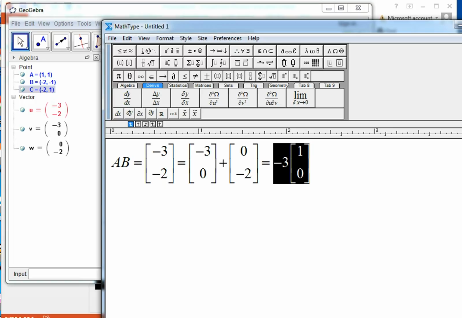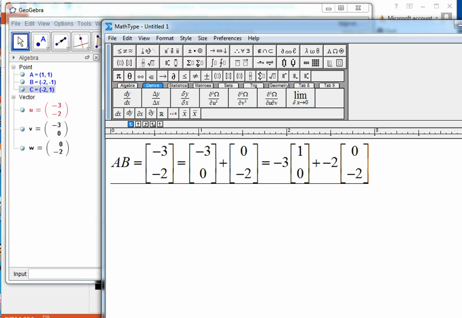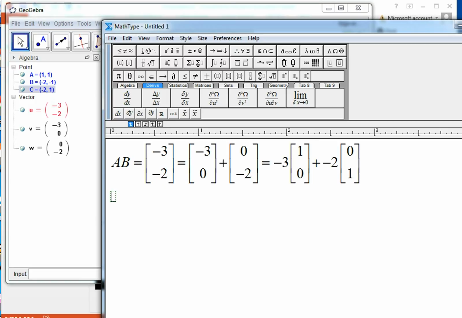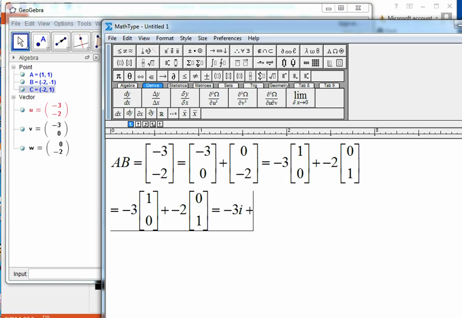So again, this (-3, 0) is actually the same as -3 times (1, 0). Then plus, you have the -2 multiplied by (0, 1), so (0, -2) is similar to -2 times (0, 1). If you remember, (1, 0) is the vector i and (0, 1) is the vector j. So this is equal to -3 times the vector i plus -2 times the vector j.